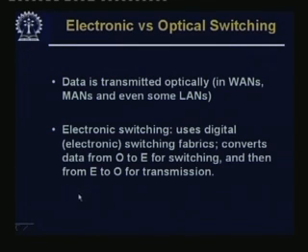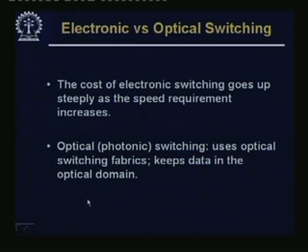At high speeds it is very costly, and also it is not very easily upgradable, scalable, etc. If we did the switching in the electronic domain, there would be no problem with the kind of switching logic and algorithms we use in other parts of the network, but we want to avoid electronic switching and do optical switching as much as possible. So, let us see how that can be done. The cost of electronic switching goes up steeply as the speed requirement increases, and optical or photonic switching uses optical switching fabrics, keeping data in the optical domain.